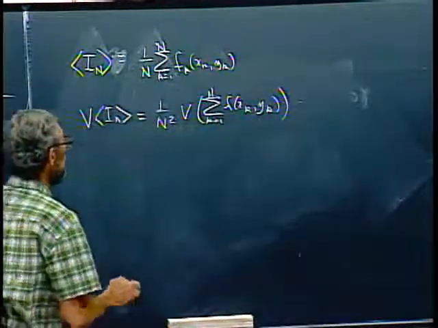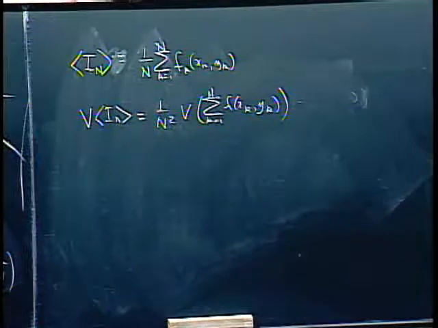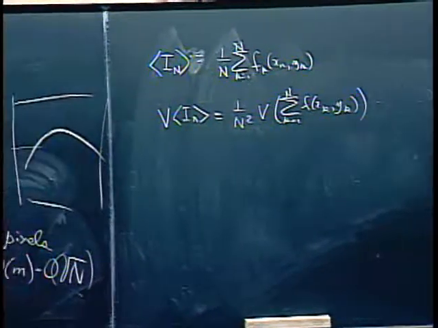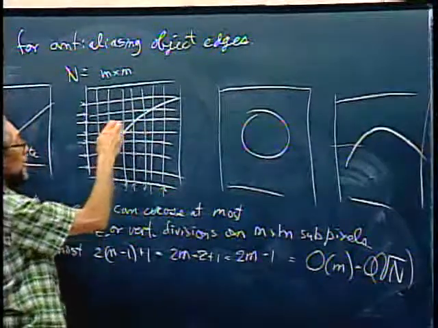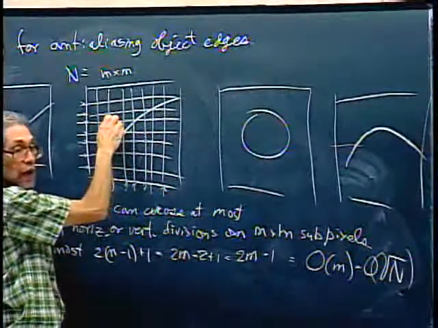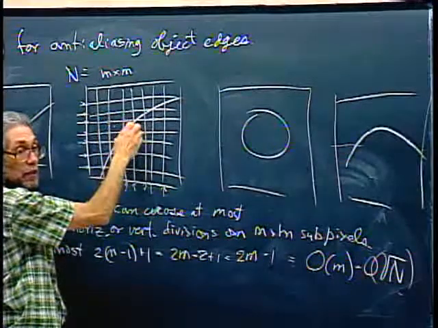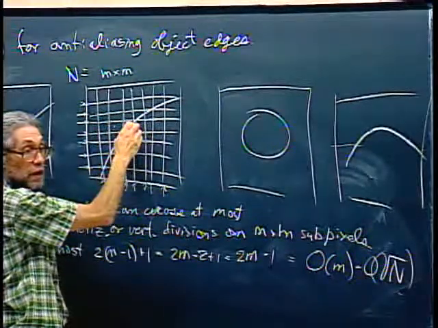Now, each time you pick in these squares, you pick a subpixel sample. That subpixel sample for the next square is independent, right? The probability of getting a specific x and y here is independent of the probability of getting a specific x and y here.